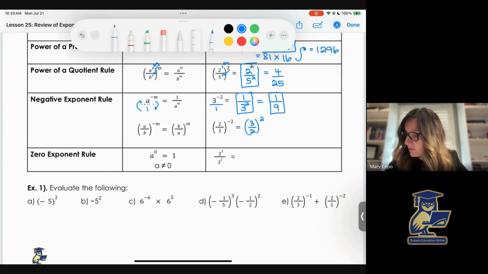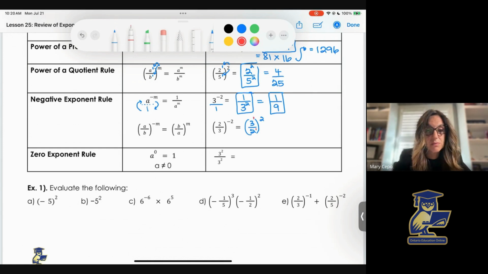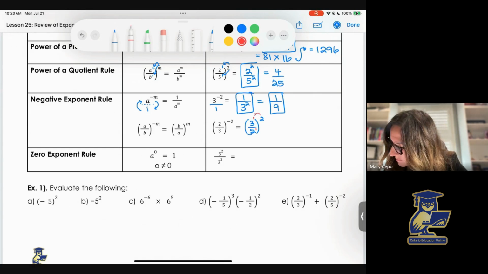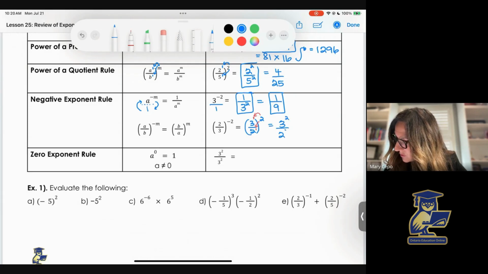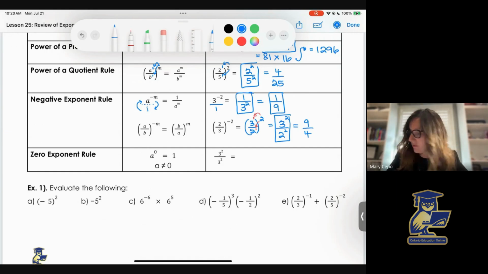Keeping in mind, like I mentioned before, any base that doesn't have a visible exponent, it is not 0, it is 1. So we're going to expand and make sure we multiply both of those exponents by 2. So it becomes 3 to the power of 1 times 2, which is 2, and 2 to the power of 1 times 2, which is 2. 3 squared is 9, 2 squared is equal to 4.